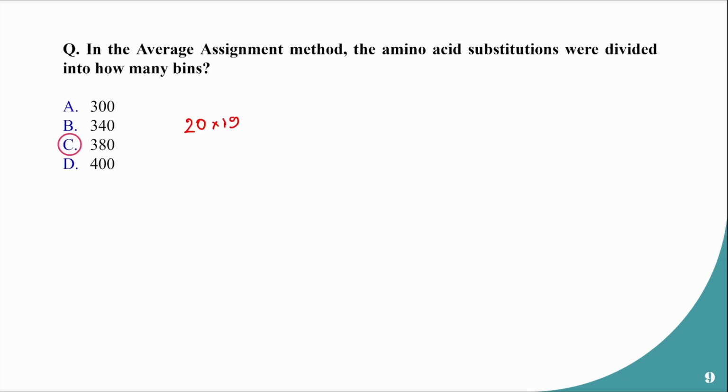So when you talk about bins in different contexts, in this particular case it is basically how many single amino acid to single amino acid mutations you are able to observe. So that is the total number of bins in this case.